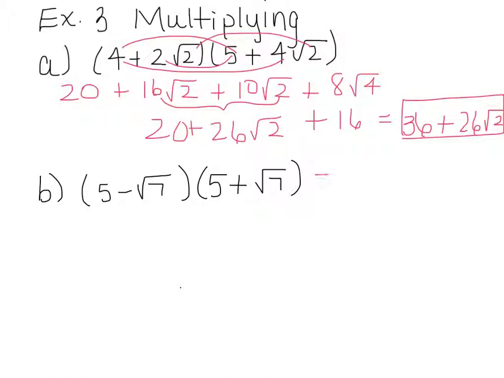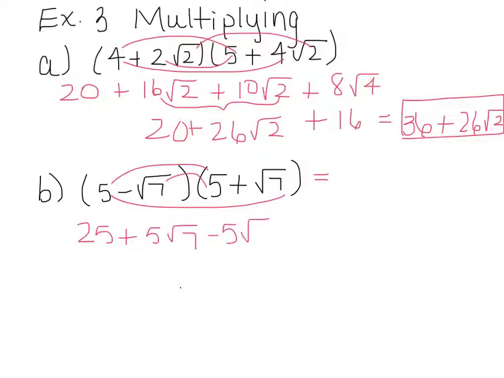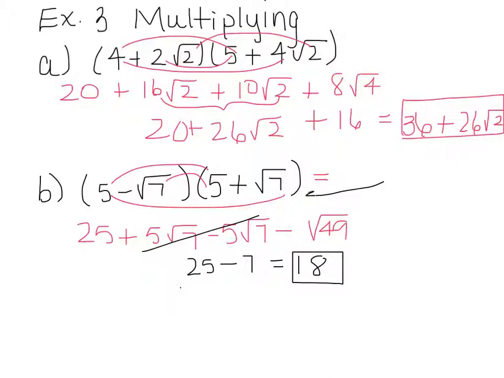And conjugates are fun because when you FOIL them out, the inner and the outer terms are going to cancel. So this cancels. This becomes 7. 25 minus 7 is 18. So those are called conjugates.